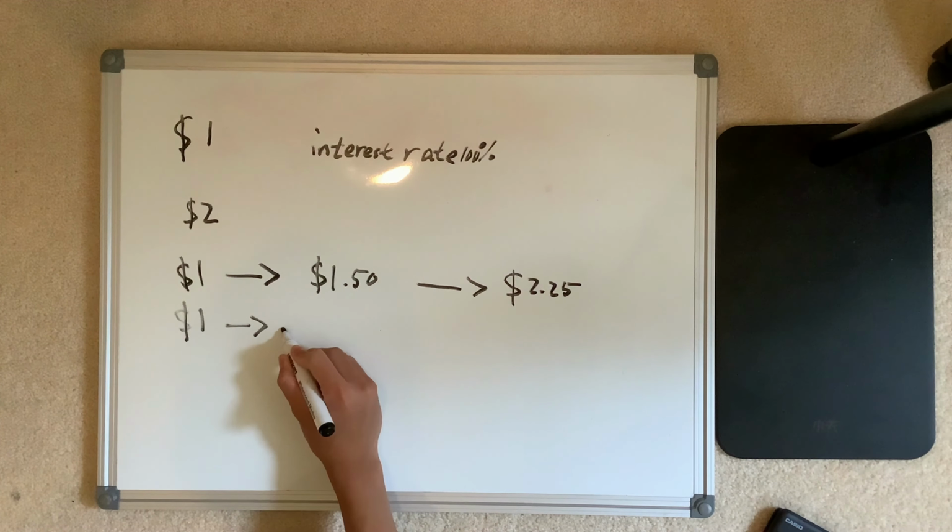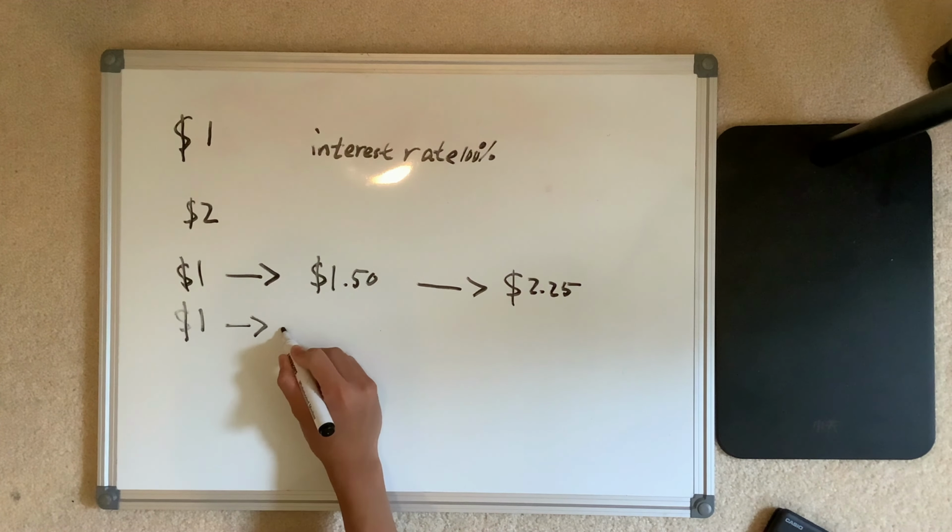So this approximately equals 2.65. Okay, so this pattern just goes on. So does that mean we can have infinite amount of money if we just divide this infinitely many times? Okay, the answer is no.